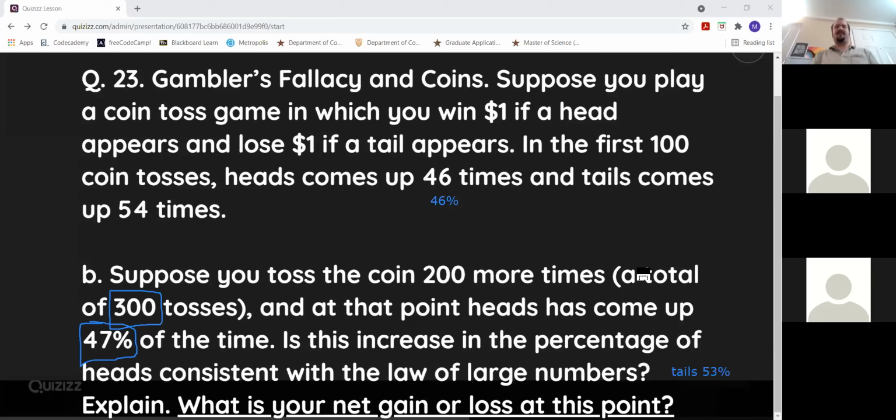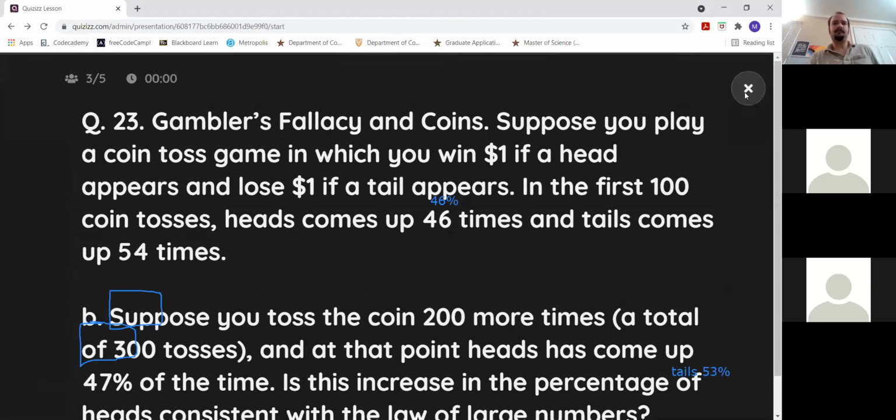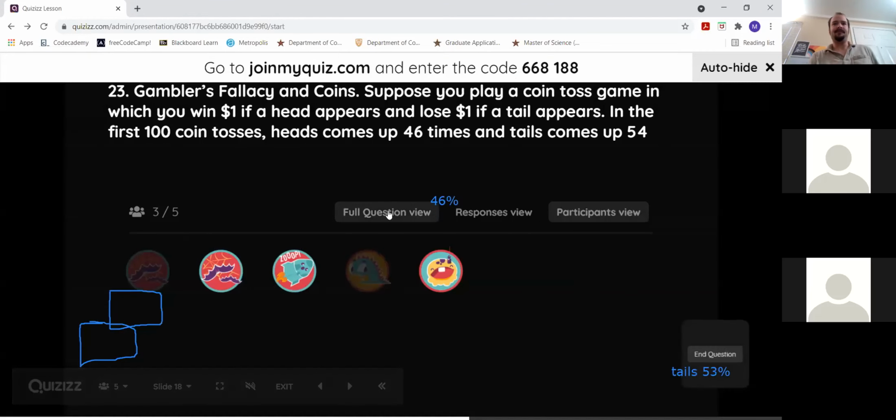I think they're trying to get at something here. We're starting off with 46, which is below the 50. We're not doing good in this game. 46 goes up to 47%. Seems like we should be doing better. We got a better probability.